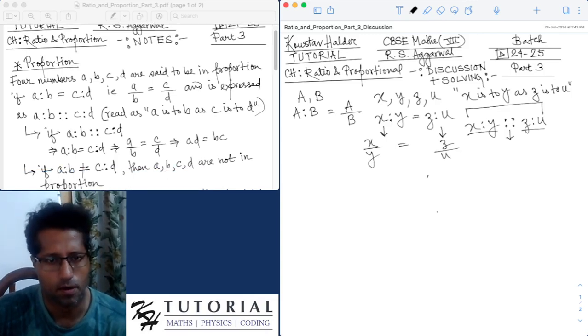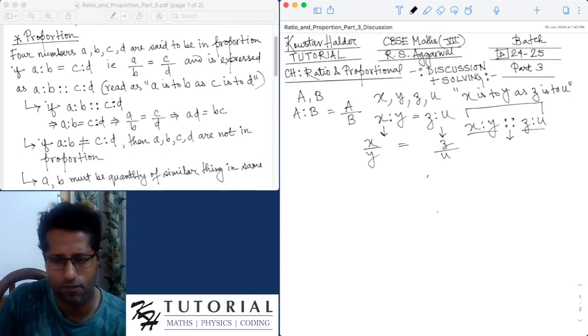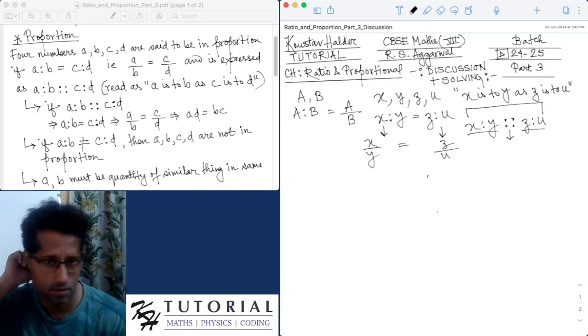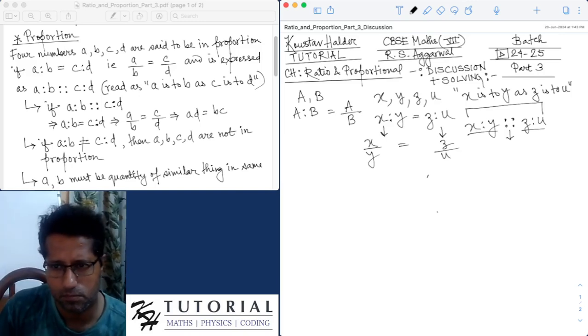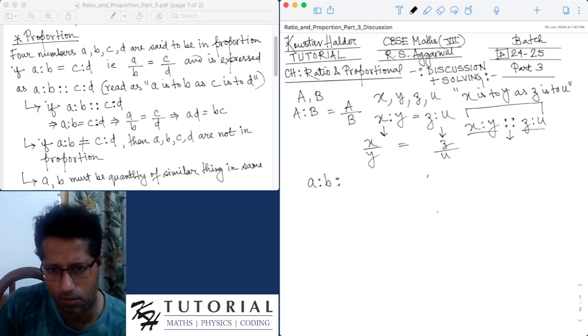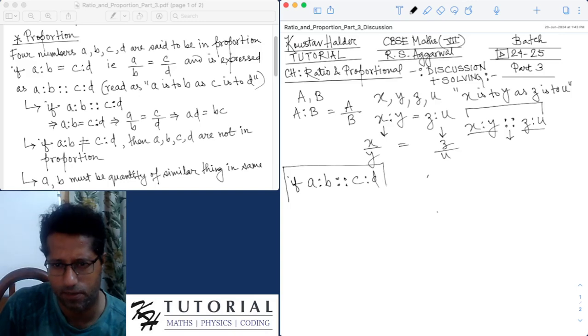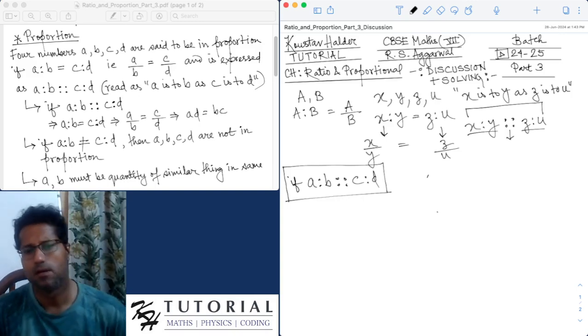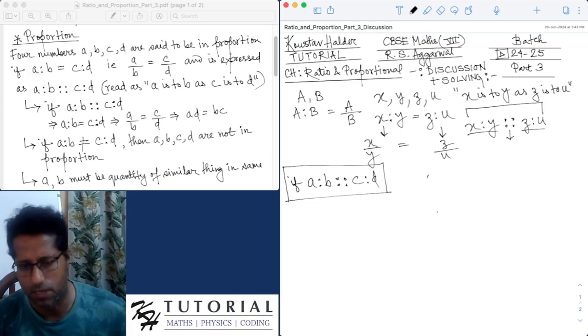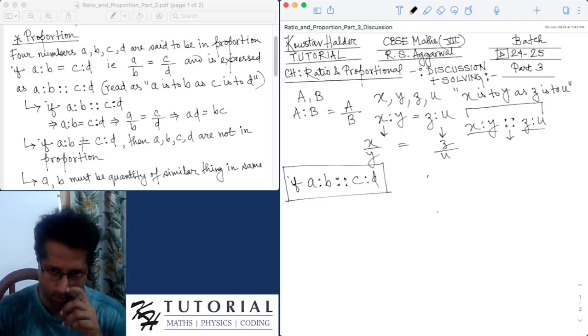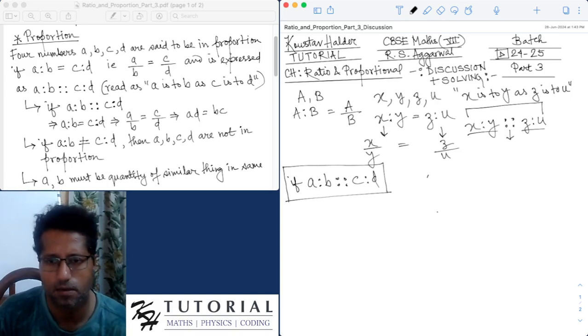So if you follow the notes, if we are given that a colon b double colon c colon d, this phrase means that the ratio a is to b is equal to the ratio c is to d, or in other words a, b, c, d are in proportion.